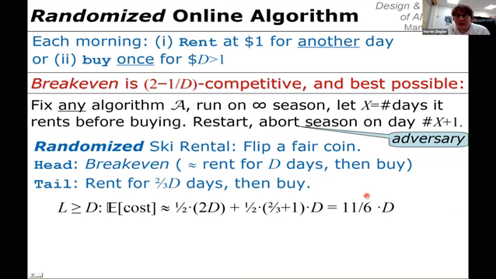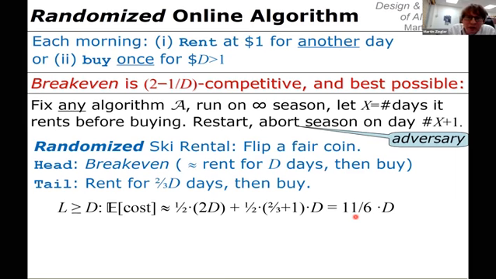And so the competitive ratio, let's compare this case where the sequence is very long, longer than D. The optimal offline algorithm will know that in advance and therefore will make a purchase on the very first day and therefore will incur a cost of D, no rental at all, so that the expected cost in this long season case for a randomized ski rental algorithm is a factor of 11/6 larger than the cost of an optimal offline algorithm.